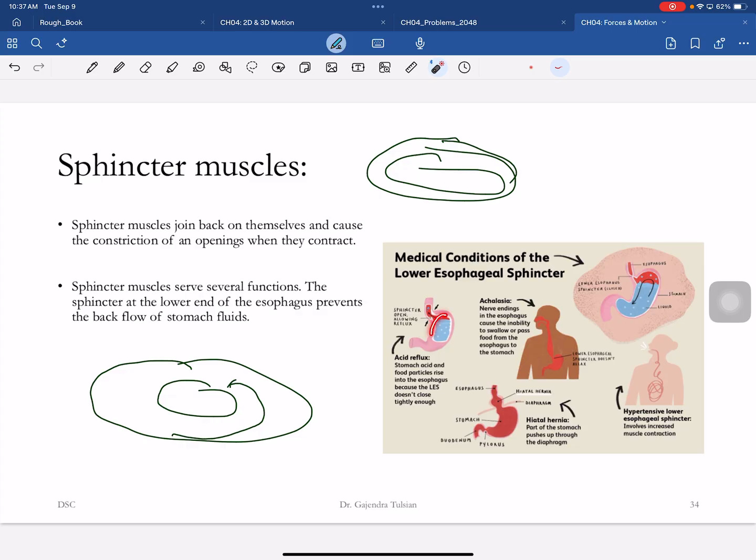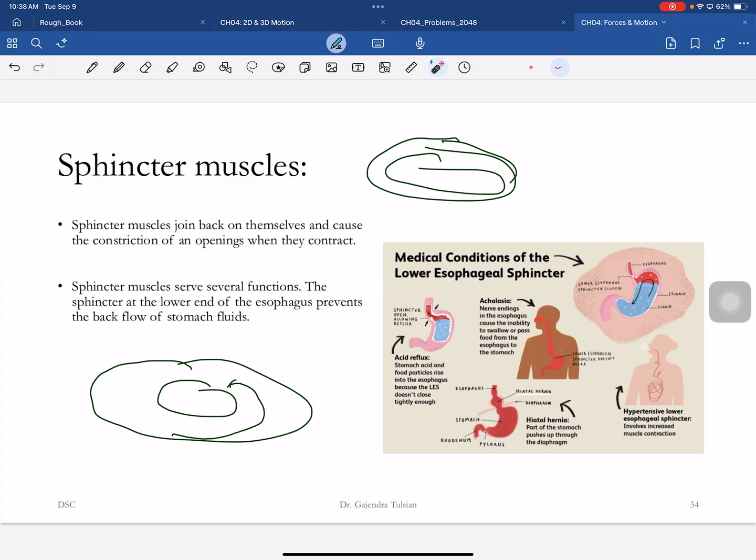So here's the stomach. You have lots of acid in the stomach to digest food and all that, okay? And here's the esophagus. The pressure in the stomach is higher than in the esophagus. So if you lay down, what should happen? All the stuff should flow into your esophagus.